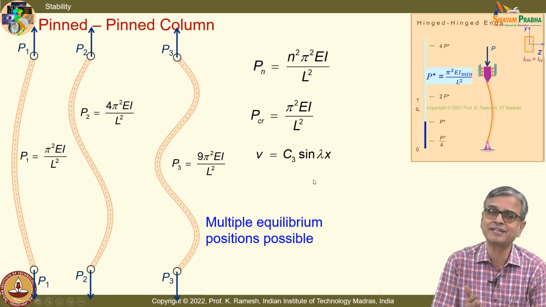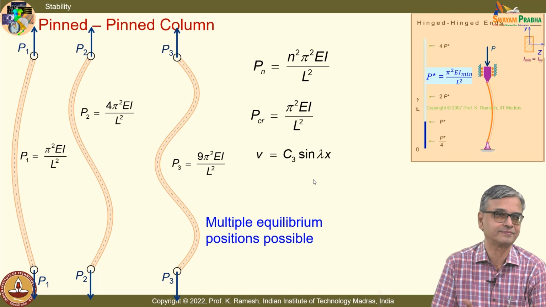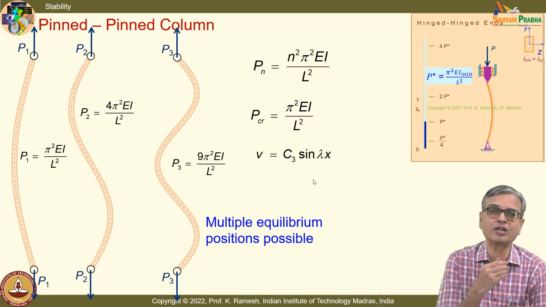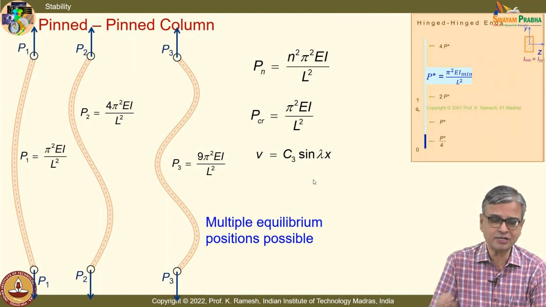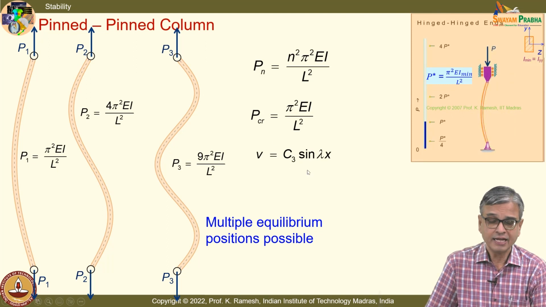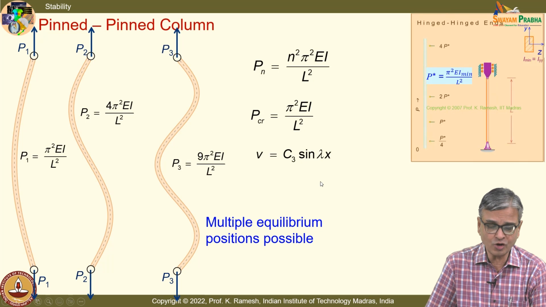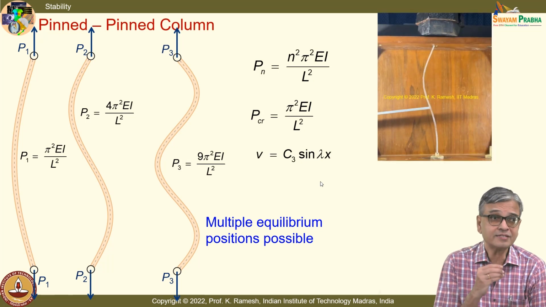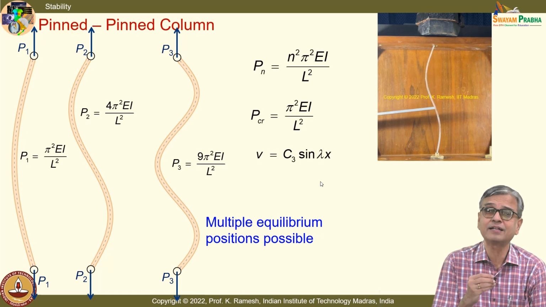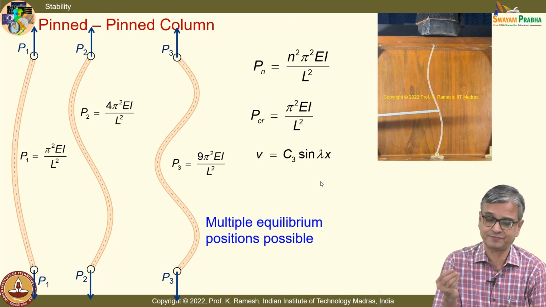How the buckled shape is of secondary importance, because the functionality of the column is disturbed. So primary importance is to get the critical load, and we also do not have the mathematics to investigate what happened once the critical load is reached, because the deflections are very large.